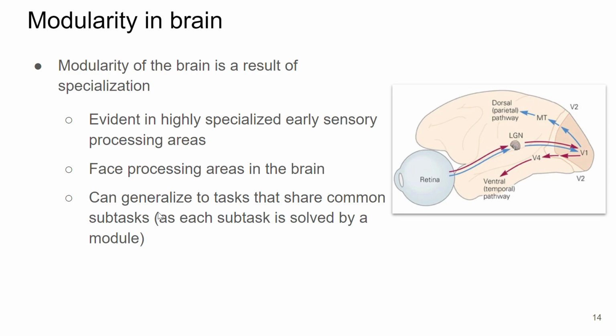And they say that it can generalize to tasks that share common subtasks. So if you have a new kind of image classification task, because the early processing is still the same, even if you learn some image classification tasks, you will be able to perform well on other image classification tasks. But that's about it. You are not more flexible than that.